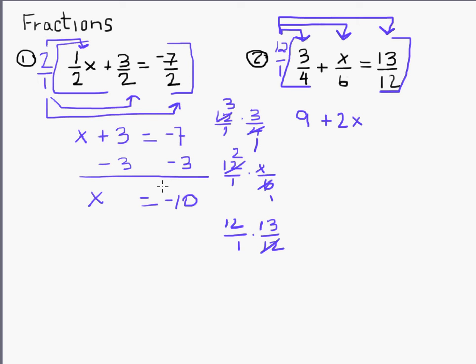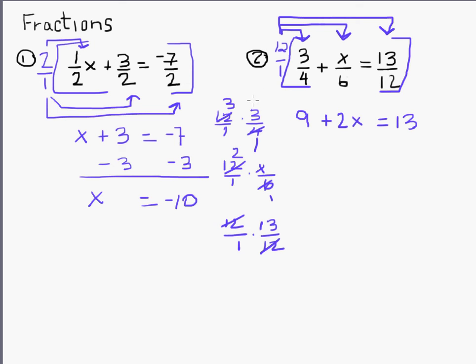The 12ths reduce to the number 1 because 12 divides into 12. We're left with 13. And so even with uncommon denominators, by using the least common denominator, you can eliminate all types of fractions that you have in the equation you're solving.